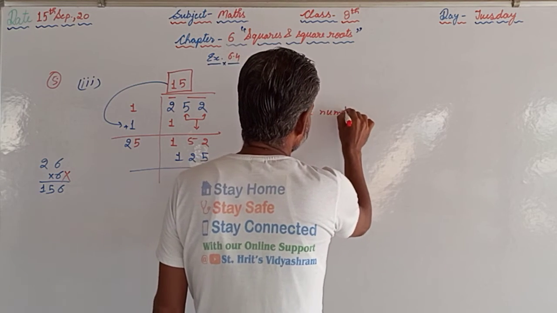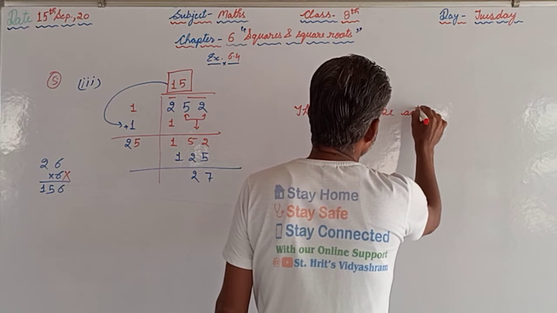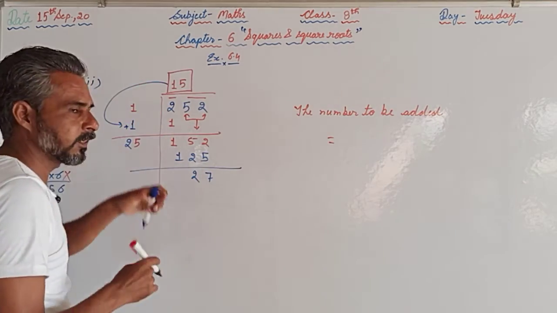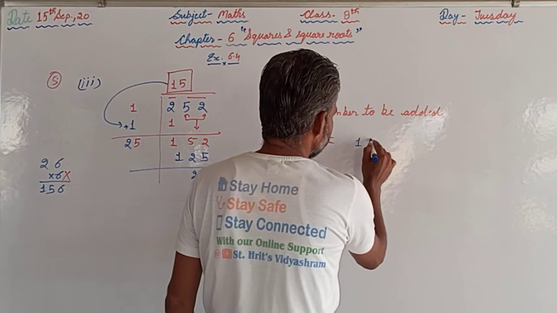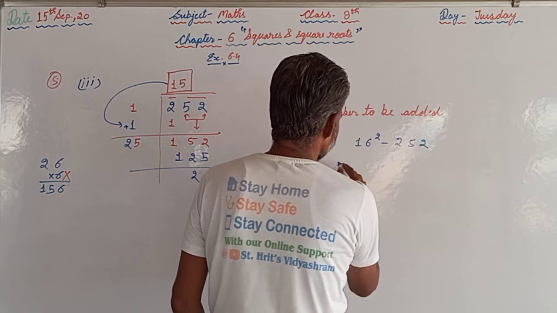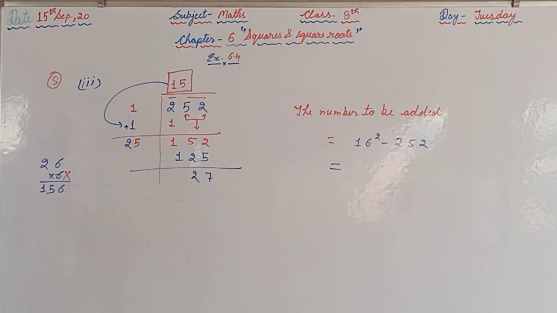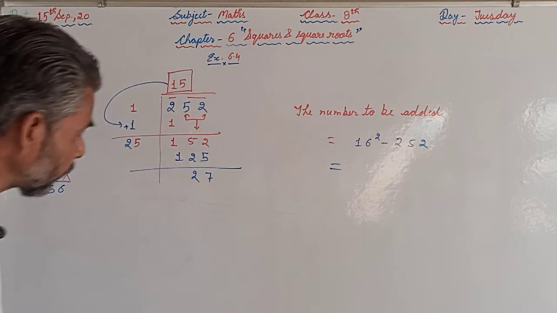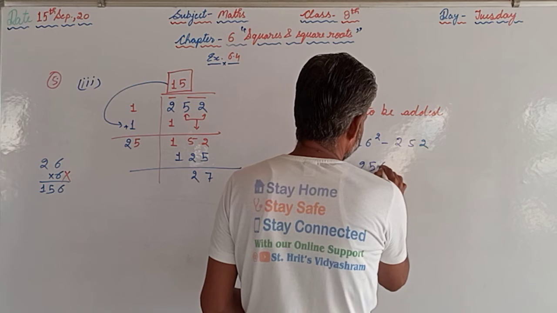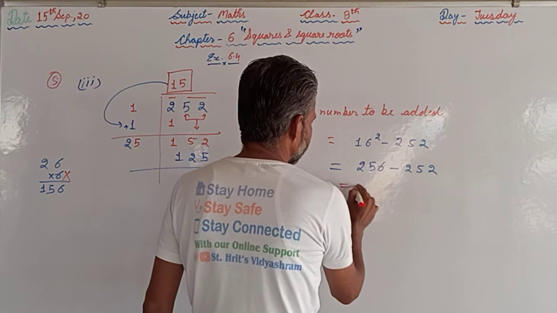The number to be added, next number to 15, that is 16, means 16 square minus 252. 16 square means 256. 256 minus 252, and that will be 4.